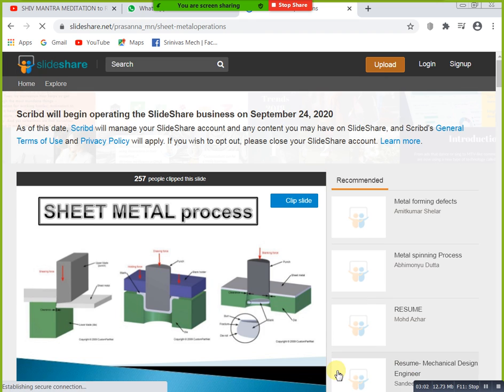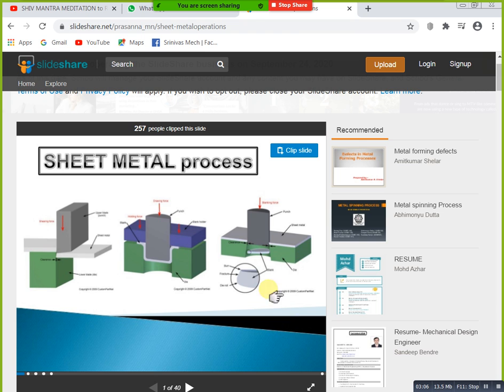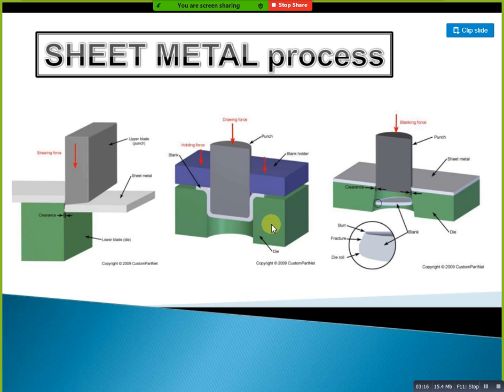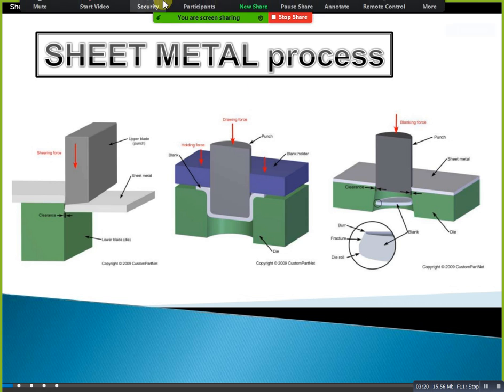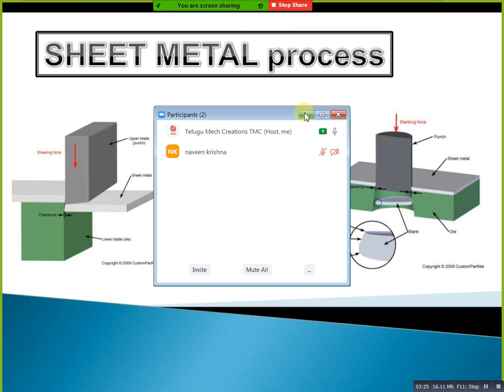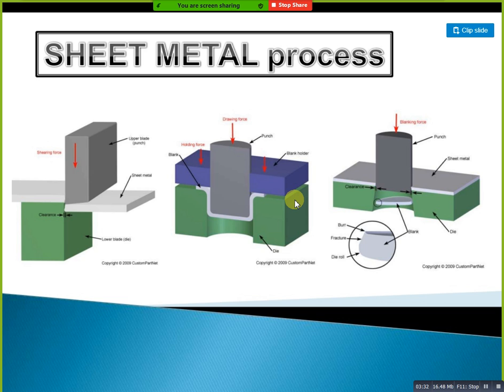For example, here we have some sheet metal operations. Is it visible to you, Naveen? Just see here we have sheet metal processes. All of these we consider as sheet metal processes, but we have separate names for each operation. Now we can see those names.